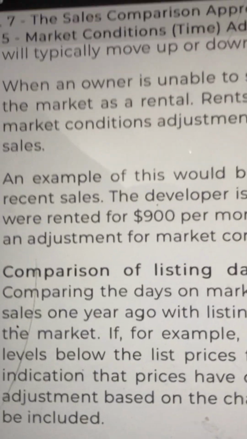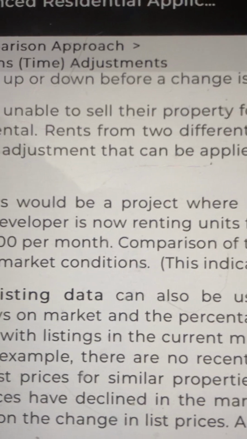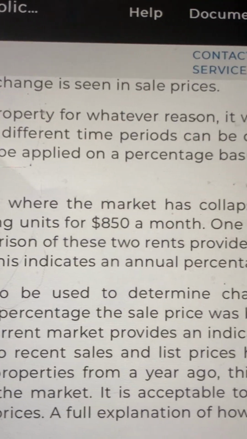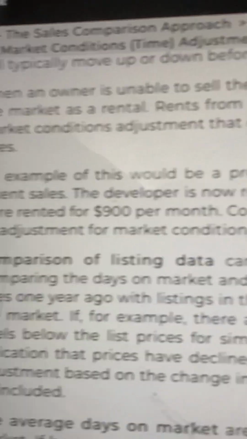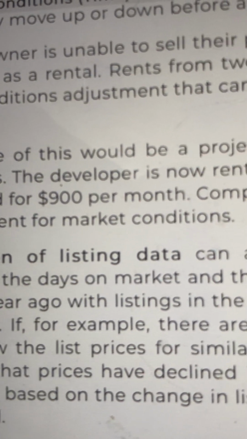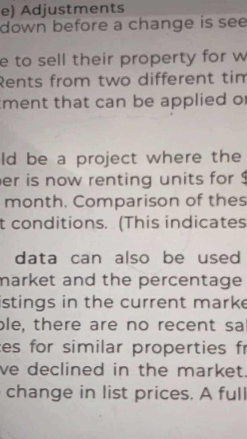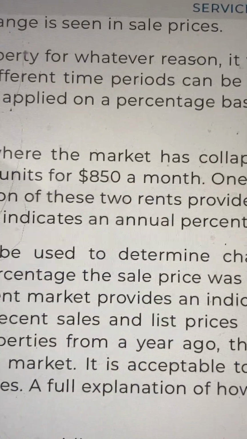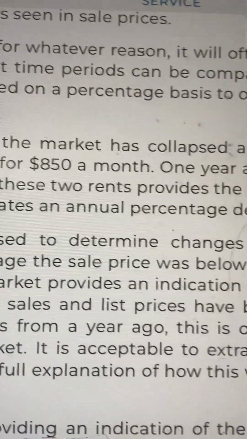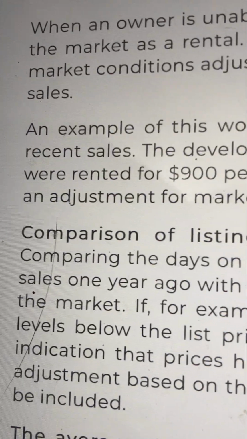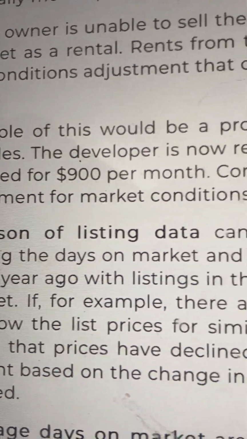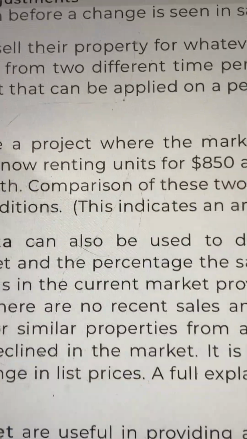An example of this would be a project where the market has collapsed and there are no recent sales. The developer is now renting units for $850 a month. 1 year ago, similar units were rented for $900 per month.